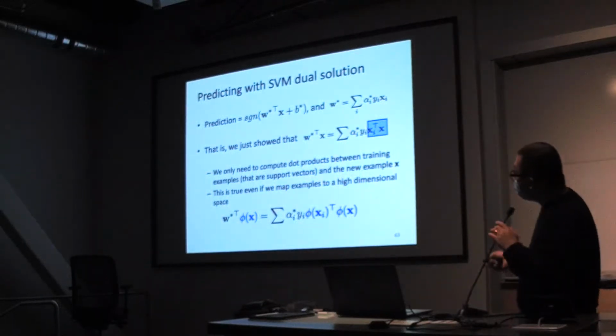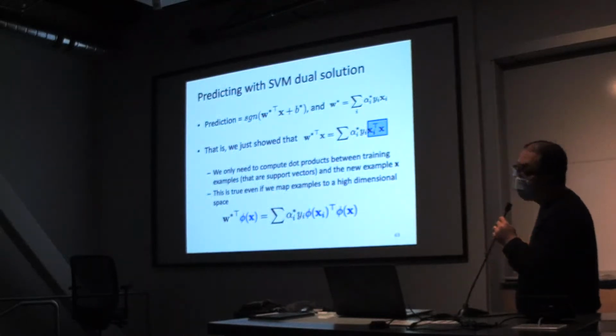So if you want to make prediction in the new feature space, you can apply the same result. The inner product between your weight vector and your mapped feature vector is also a summation over the training examples, except that each summand now is the inner product or dot product between the mapped feature vectors.